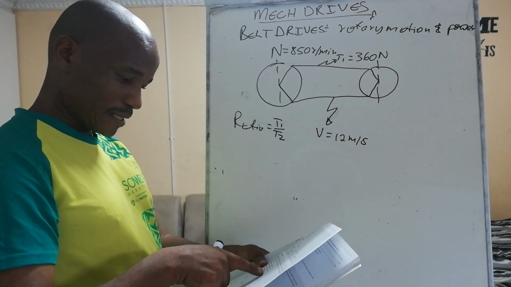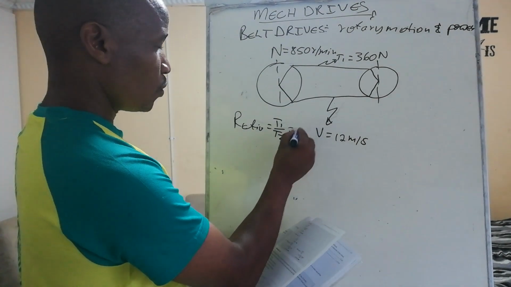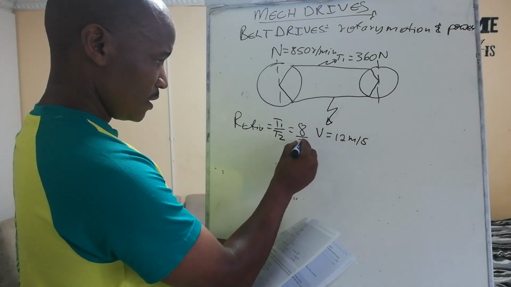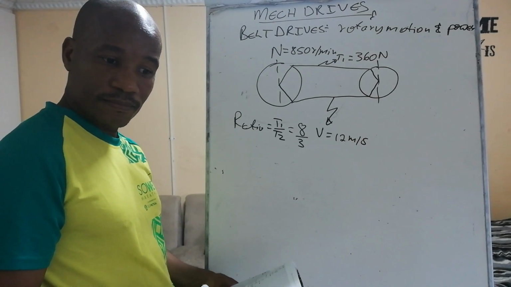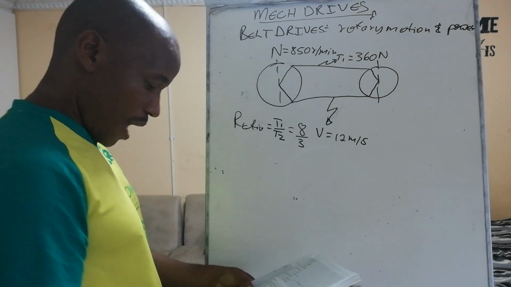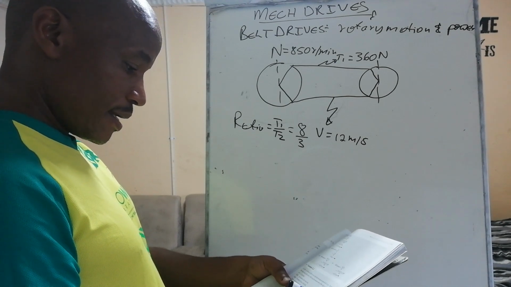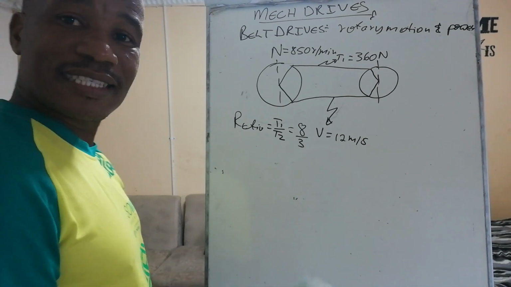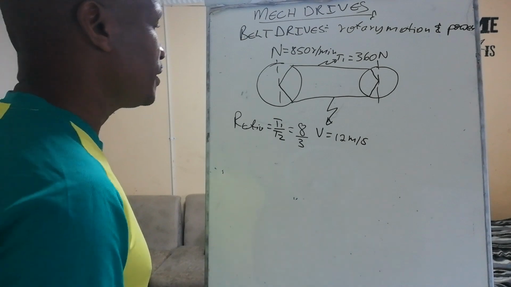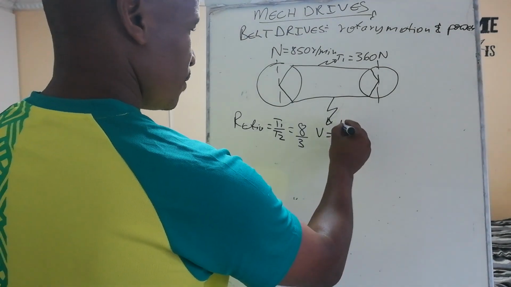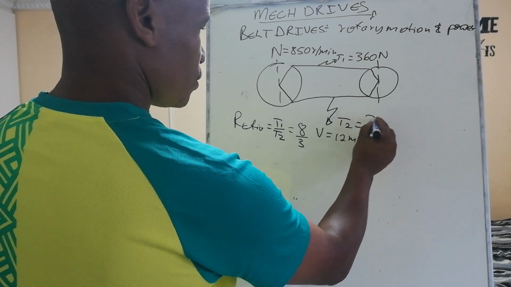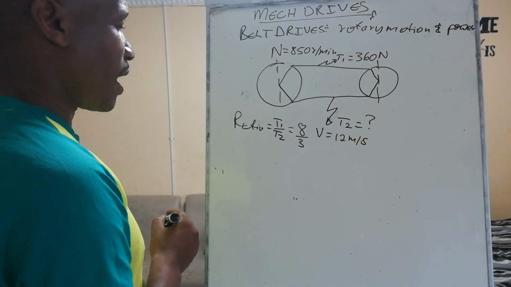And it's equal to 8 is to 3. Now calculate the tension in the slack side. Meaning T2 here is equal to question mark.